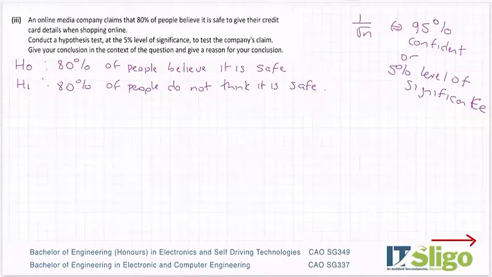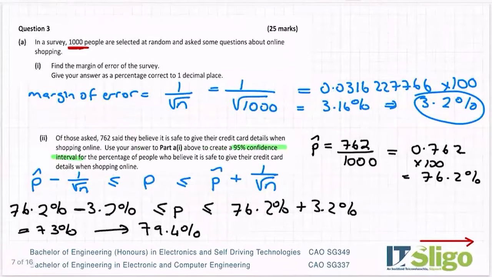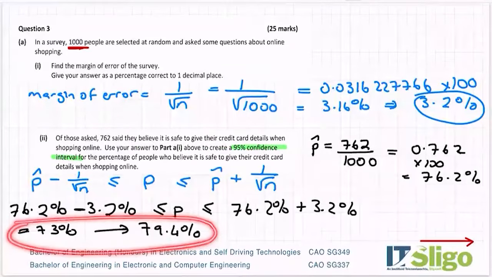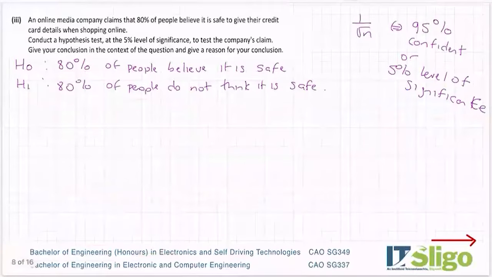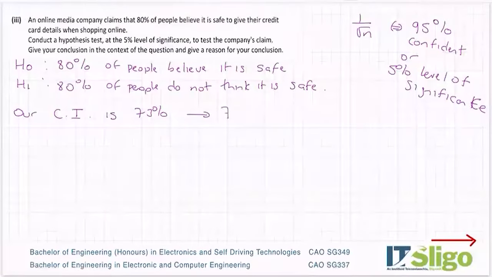Okay, then you test your data. Our confidence interval, and I'm going to write confidence interval as CI, is 73% to 79.4%.